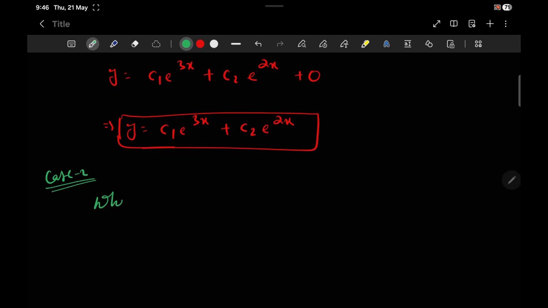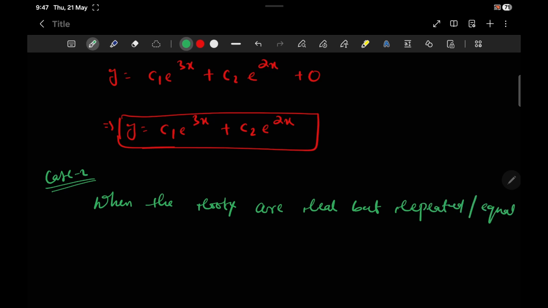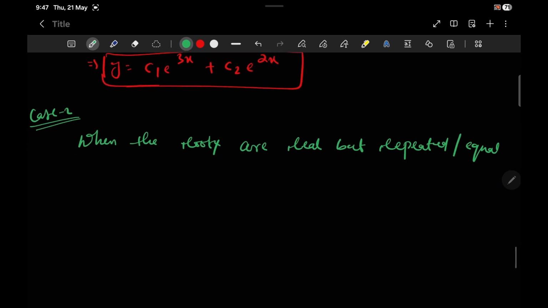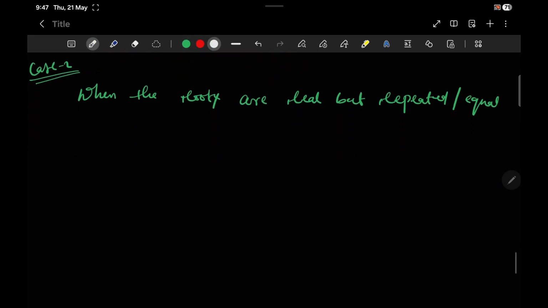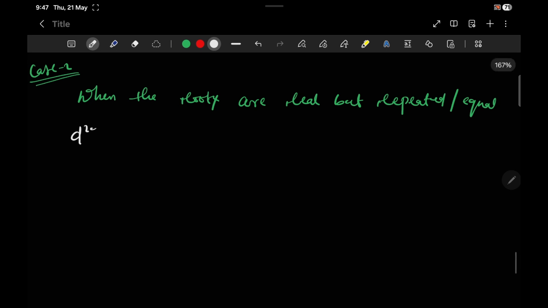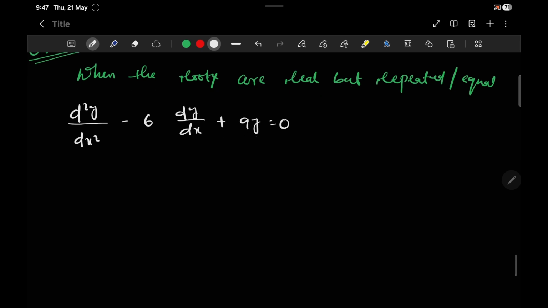Case 2, when the roots are real but repeated or equal. So consider an example: d²y/dx² - 6 dy/dx + 9y = 0.